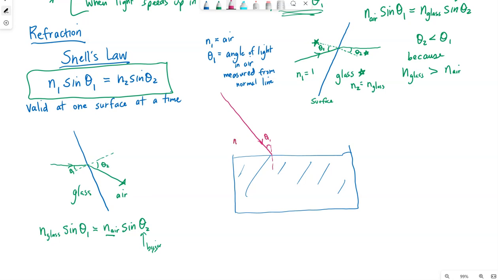Well, it's in air to begin with. It's going into water. Water has a higher index of refraction. Therefore, the light bends, and this theta 2 is smaller. So the light actually reaches the bottom faster than we would expect if it had been moving in a straight line. And ultimately, that's what makes our legs appear shorter.